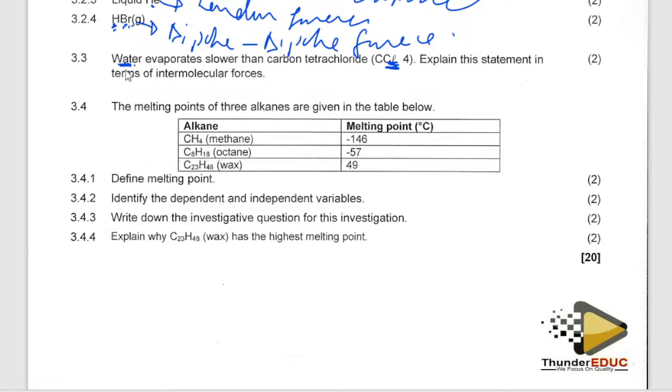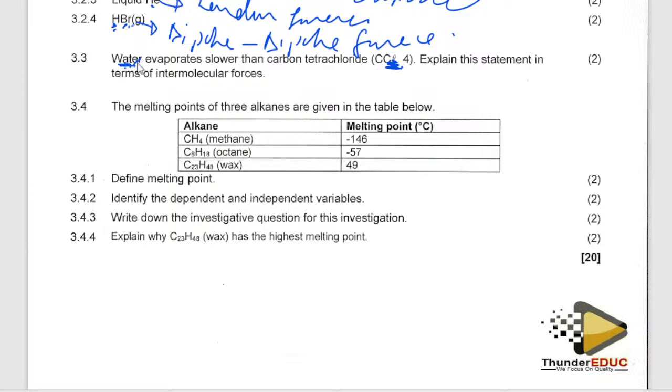This one does not form hydrogen bonds; it forms dipole forces. And hydrogen bonds are stronger than dipole forces. Hence, water will require more heat to evaporate compared to tetrachloromethane.